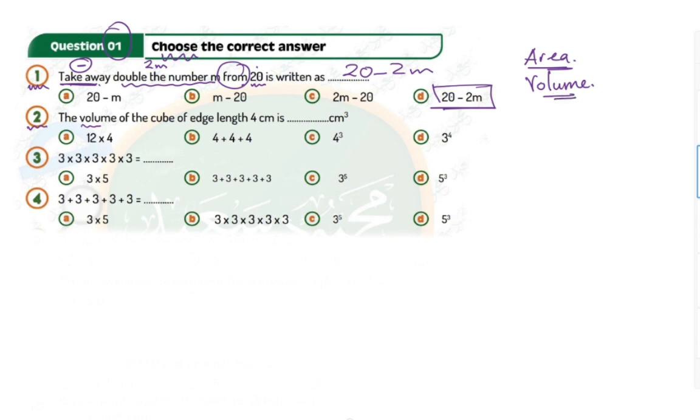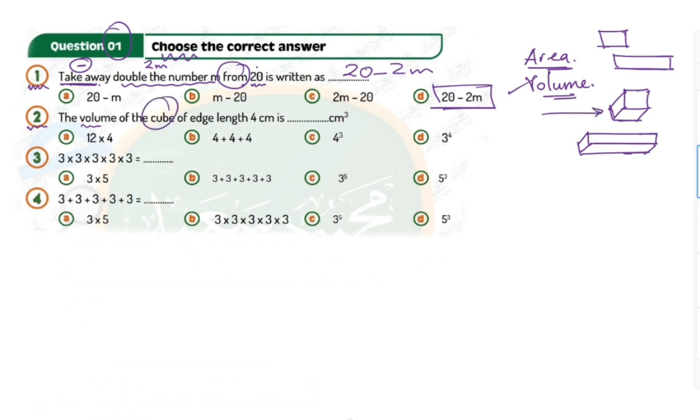We know about area for square or rectangle, it's a plane shape, but we have volume for cube. Now he asked us about the volume of a cube of edge length 4 centimeter.